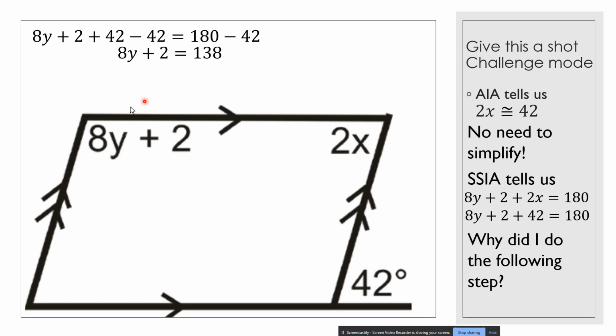But if I know that this whole thing is equal to 138, I am done if it's not asking what y is. So we know that that's 42, that's 138, that's 42, and that's 138. Notice we could have also used 42 right here: 180 minus 42 would have gotten us 138, and then we could have said, okay, well, this is 42, 138, 42. A couple different ways to go through this problem.